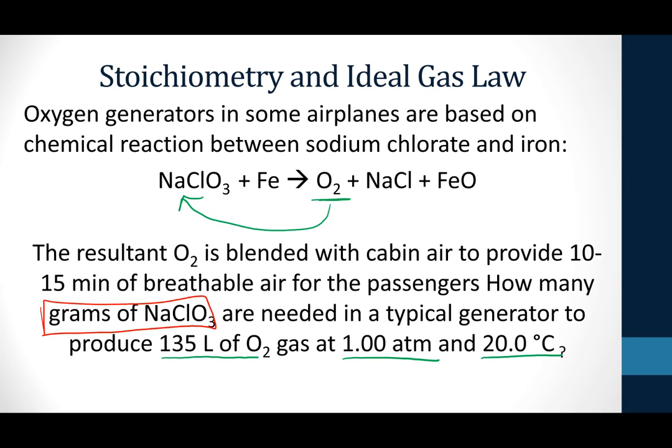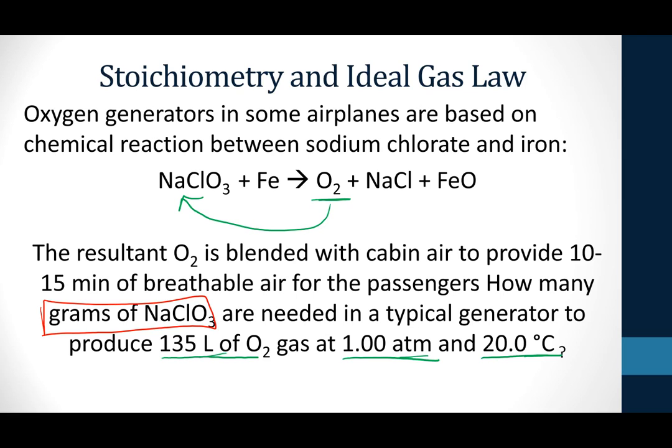So that's the stoichiometry piece, and that should be a little bit of a review piece at this point. The hard part is going to be getting from this information of liters and atm and pressure and temperature. So getting all of that information into a form where we can go from oxygen to sodium chlorate.